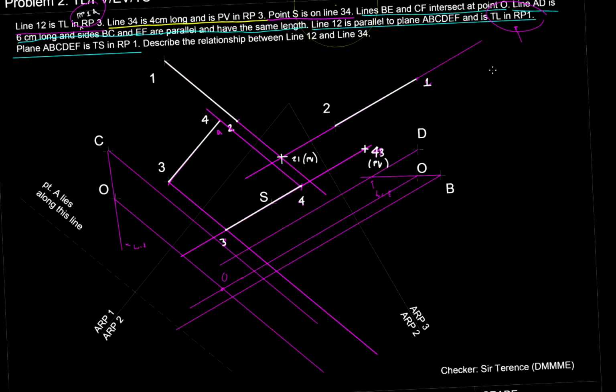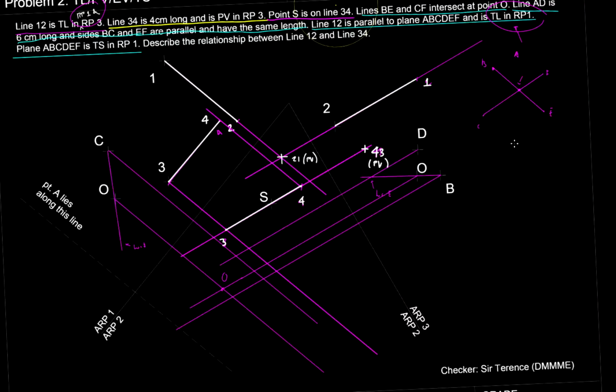Okay? So, kunwari, ito yung B natin, tapos may E tayo dyan, tapos ito yung C, ito yung F, tapos nagko-connect sila, and we know that this point O is the intersection point, and it is part of this line and part of this line. Tapos, there is a plane that contains A, B, C, D, E, F. Malamang nandito si A, no?